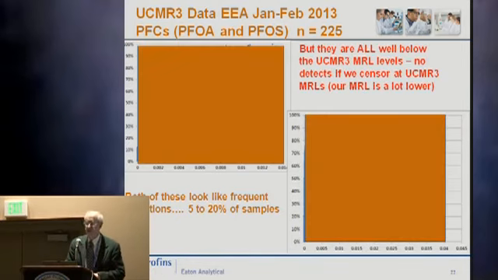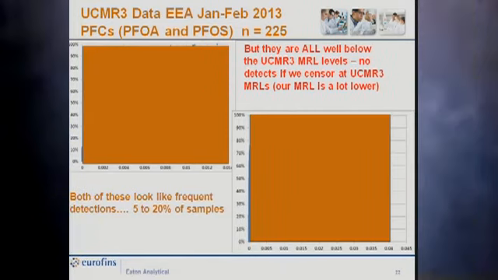But as soon as we put the UCMR3 MRLs on that, which for PFOS are 0.01 and for PFOA 40 ppt, it all disappears. So it's basically going to be very boring data, I suspect, during the course of UCMR3.